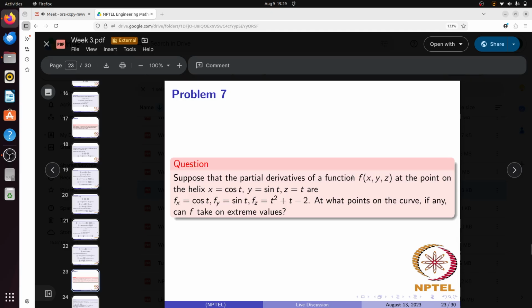You need to find, so you are taking the derivative of the function f x y z at the point on the helix, x equal to cos t, y equal to sin t, z equal to t. At what points on the curve, if any, can f take extreme values?